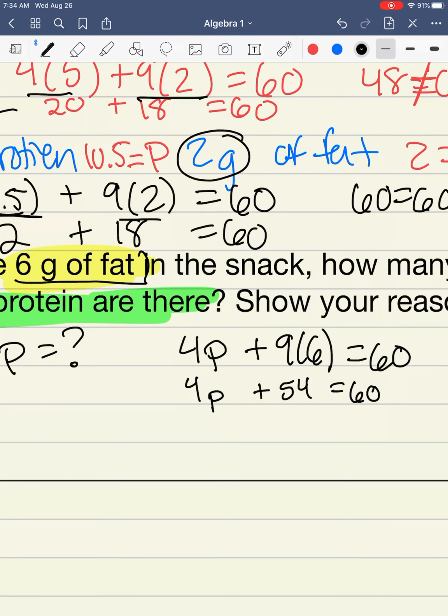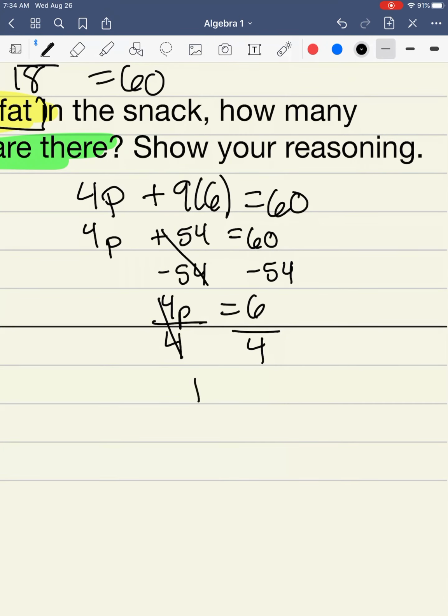Solving for P, I'm going to have to get rid of that 54 first. 4P equals 6. Now I need to get rid of the multiplied by 4, so I'm going to divide. So P equals 6 over 4, but that is not simplified, so we do not leave it like that.